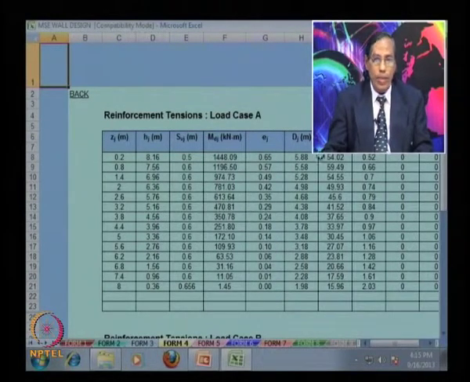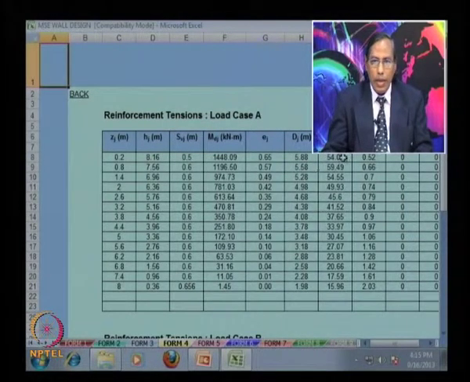And Dj in meter, that is a function of Hj, B and D. I have already explained what is Hj, and the B also, T for the footing, and D, so you can calculate Dj at various depth.